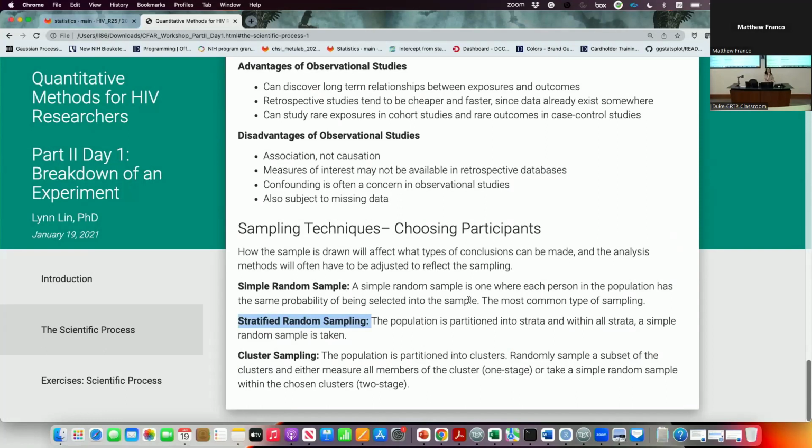I mean, if the population number is high, then maybe you can do stratified. If we have a larger population, you are saying stratified is preferred.